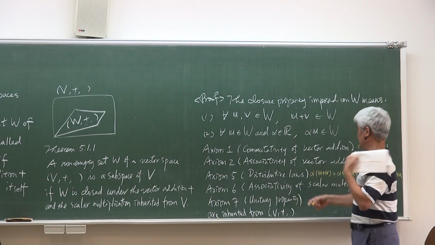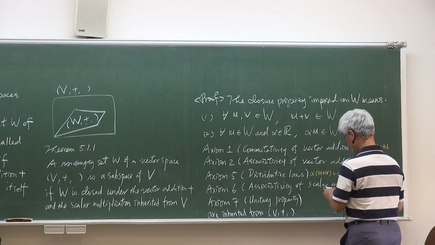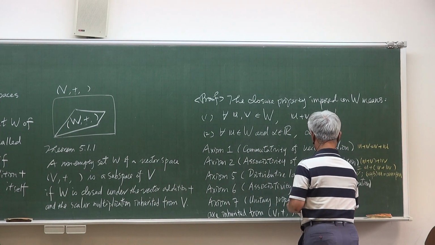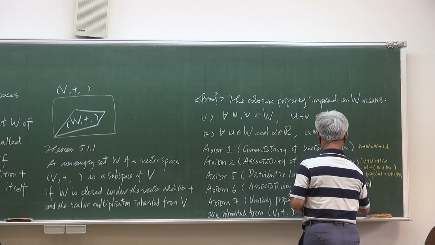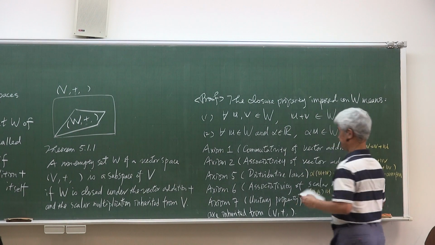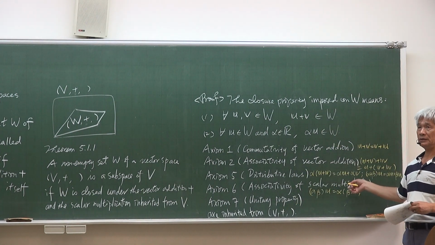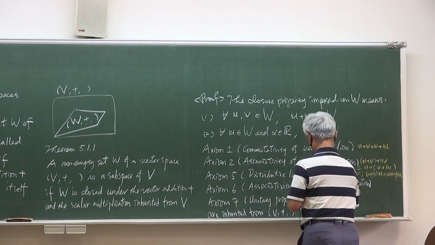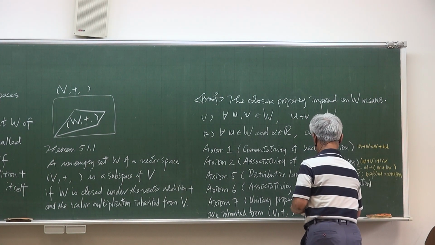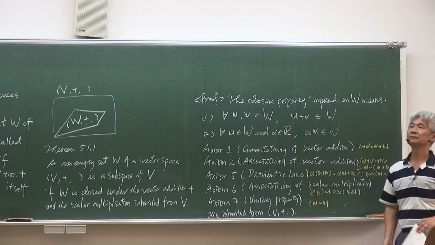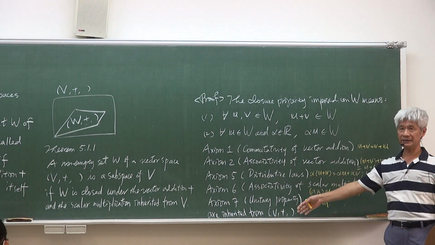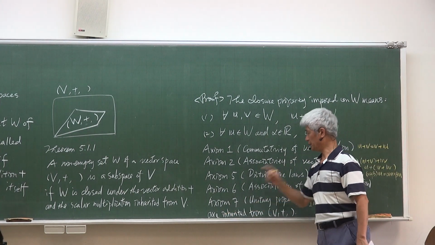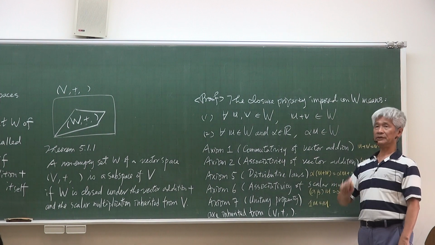Associativity of scalar multiplication, alpha beta U equals alpha beta U. Of course true, because it's in V. Unitary, 1 U equals U. Of course.